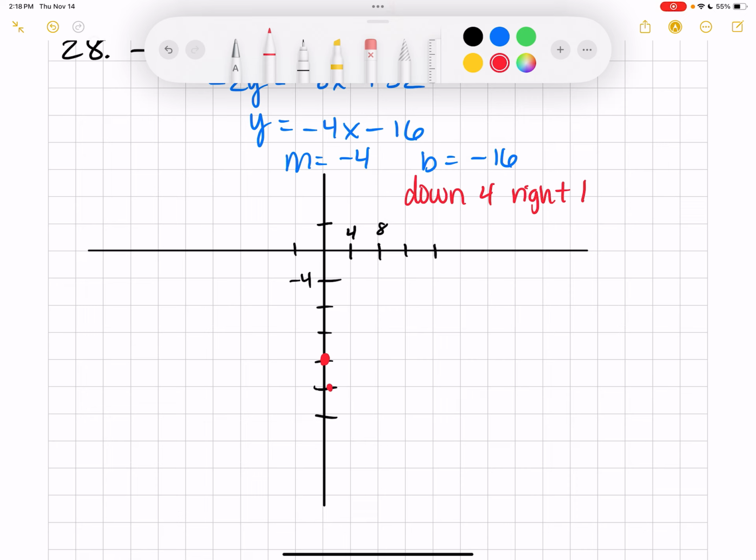Not on the axis, but close to it. The next point, I go down 4 and right 1. I come down and I'm halfway between now. Okay? I need to fix this point. It's very steep.